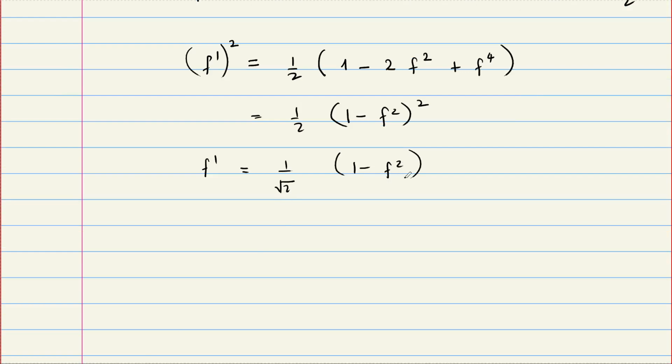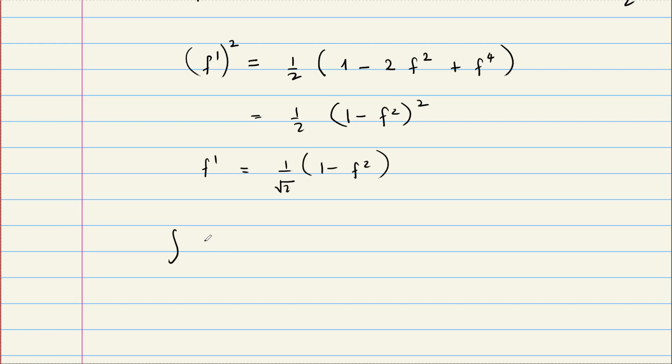Good. Now this is a much nicer equation, right? This is now first order, and first order differential equations are simpler than anything else. Generally, not always. There are some unexpected first order differential equations, but this is not one of them. Let's solve it.